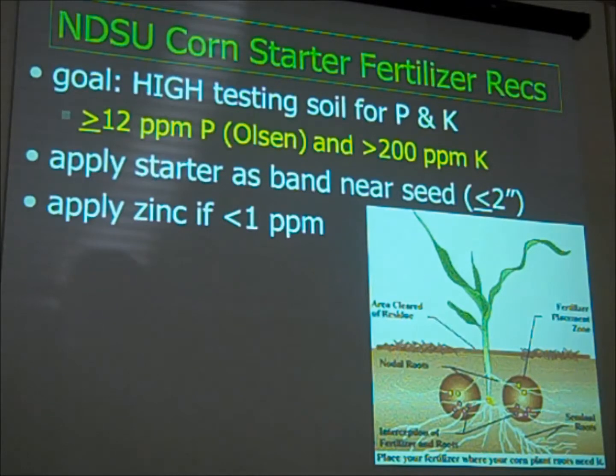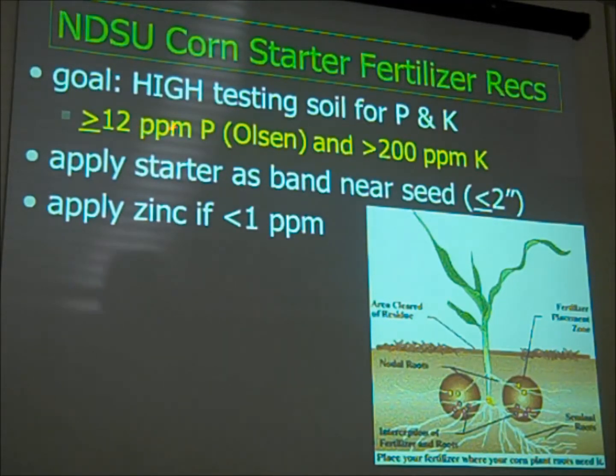Before I get into the starter fertilizer, just a quick reminder about NDSU's general recommendations. One is that we'd like to encourage you to build up your soils for P and K. K typically isn't a problem for you. You normally have K, but watch your soil tests as you continue a corn and soybean rotation, because that will drive down the K. But more importantly is phosphorus.